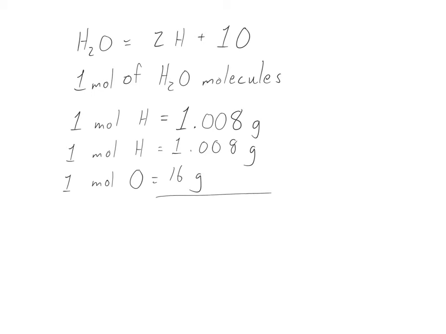So if I add this up, I'm going to get 18. We'll just leave it at 18 grams. So a mole's worth of water weighs about 18 grams, a little extra. And that's going to be 1 mole of H2O, which, remember, is 6.02 times 10 to the 23rd water molecules.